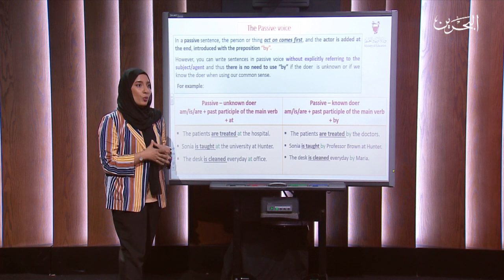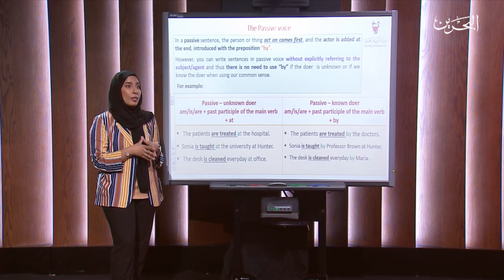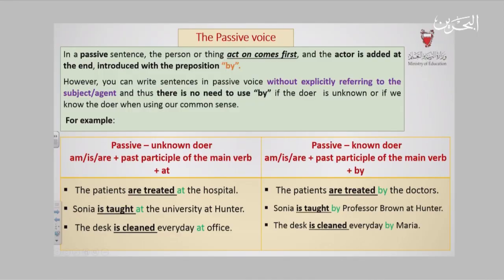Passive voice is usually a sentence in which the person or the thing's act comes first, and then the actor is added at the end of it, introduced by the preposition by, if the actor is known. So there are 2 types of passive. One is unknown doer, the second is known doer. How do we differentiate between them? Usually, after the verb, we add at for the unknown doer, whereas for the known, we add by.